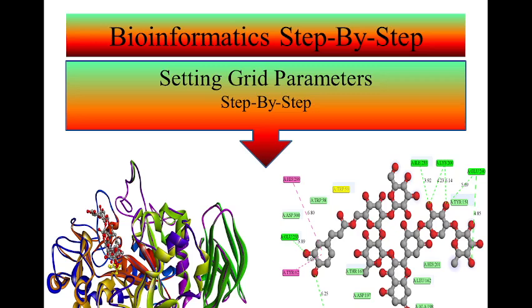In my last tutorial, I had shown you the generation of docking parameter file with extension DPF. In this current session, I shall show you how to generate the map files and run the AutoDock.